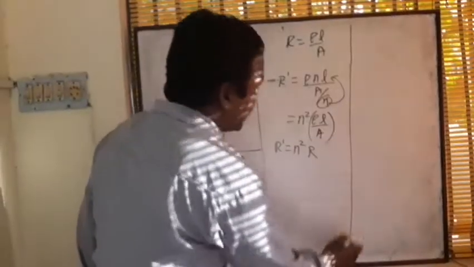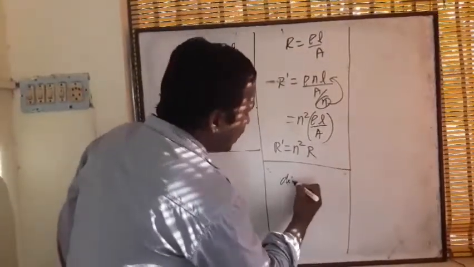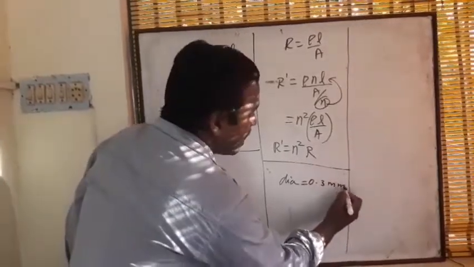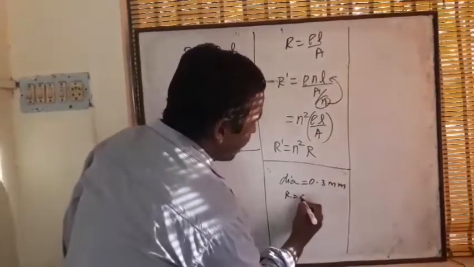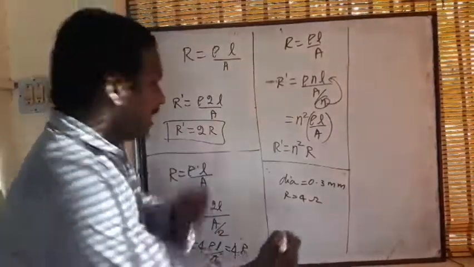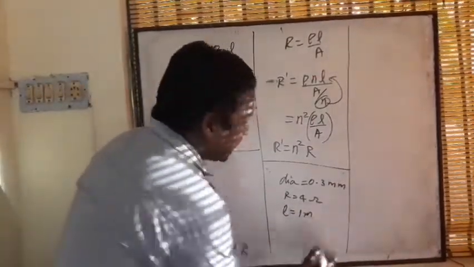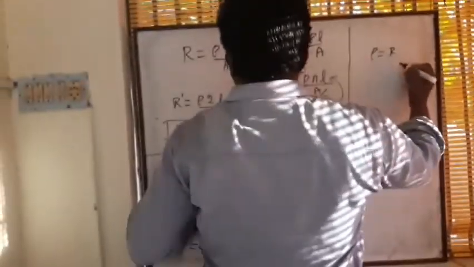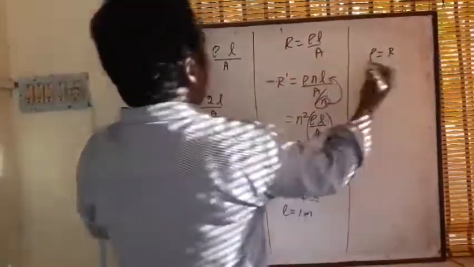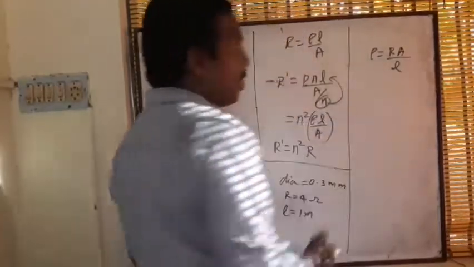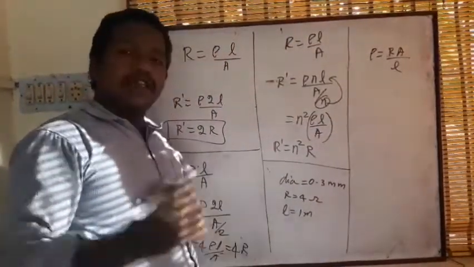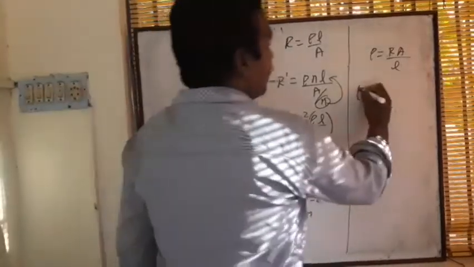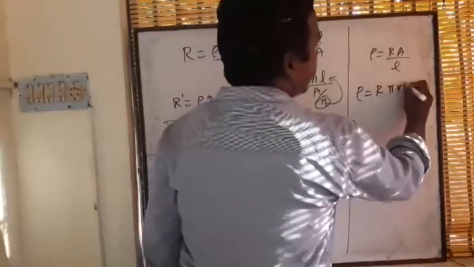Another thing they can ask: they will give you the diameter, say 0.3 mm, the resistance as 4 ohms, and the length of the wire as 1 meter. They will ask for the resistivity. The resistivity is equal to R times A by L. R is given as 4, L is given as 1, but instead of area they have given the diameter. So we take the area as pi r square.